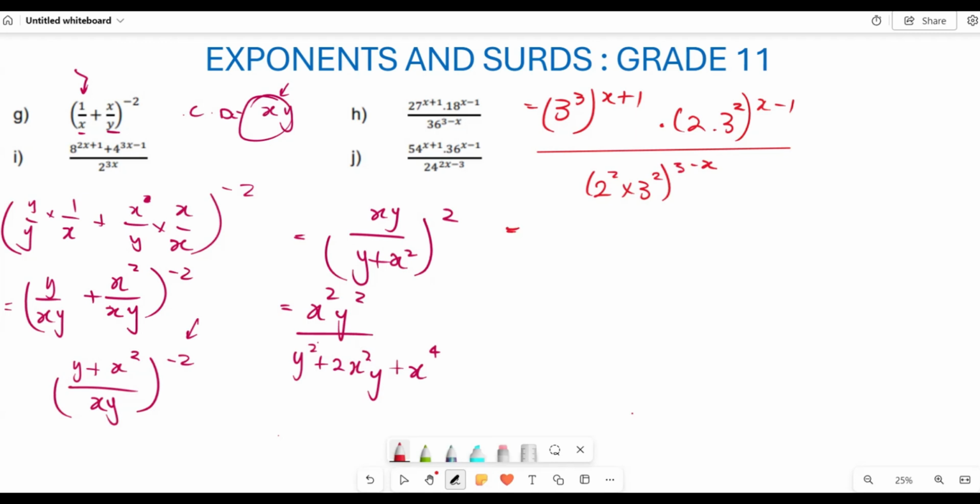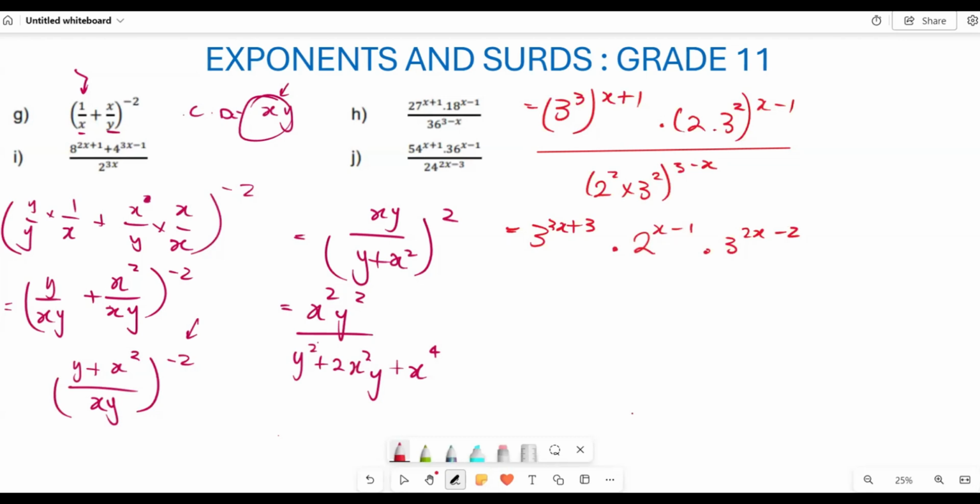And now from here, what is it that you're going to do? You are going to distribute whatever is outside the brackets with everything inside the brackets. So you are going to have 3 to the power of 3x, and the other one you have plus 3, multiplied by 2 to the power of x − 1, multiplied by 3 to the power of 2x − 2.